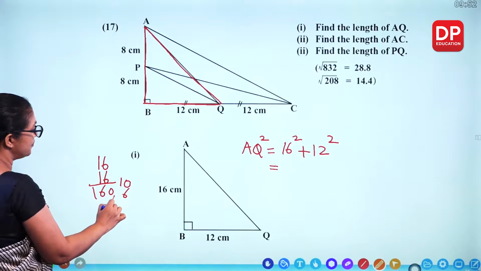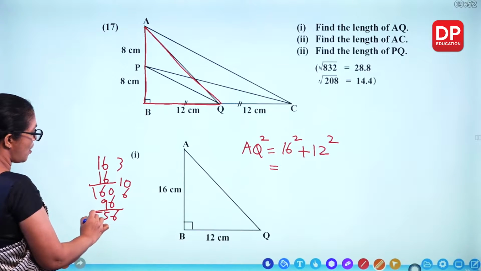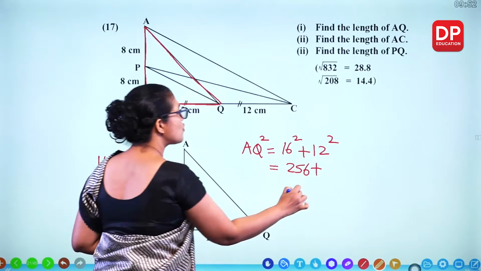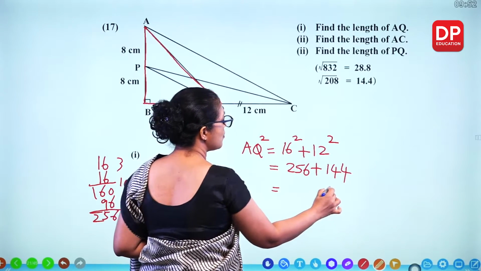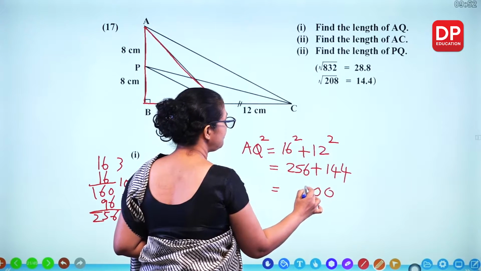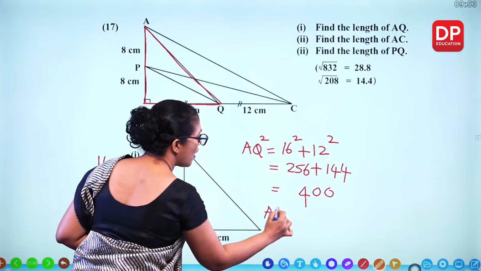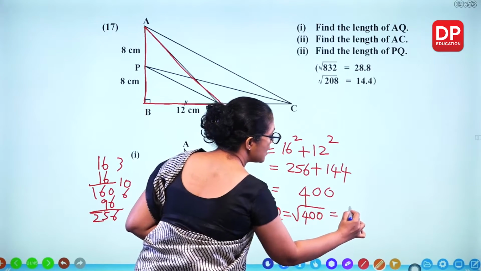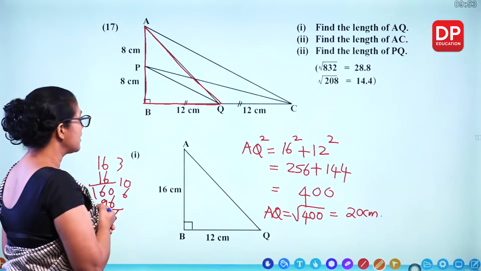What's the value? 256. 12 times 12, 144. When you add it, you get 400. So square root of 400 is 20. So 20 centimeters for the length AQ.